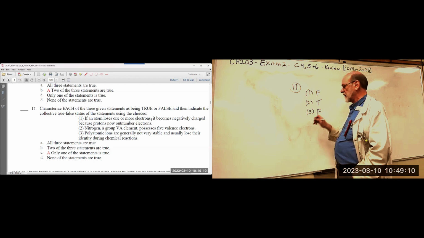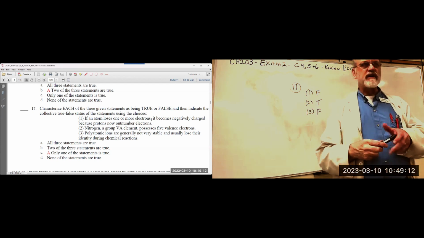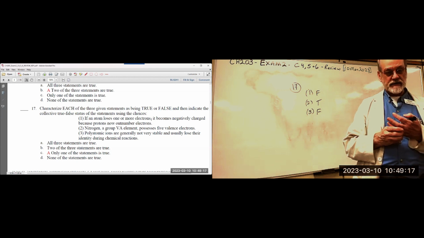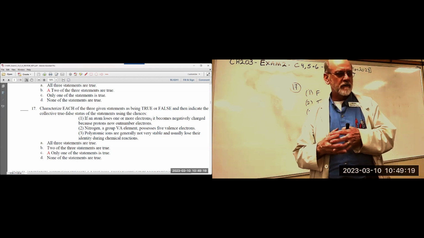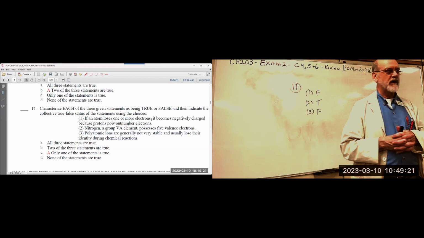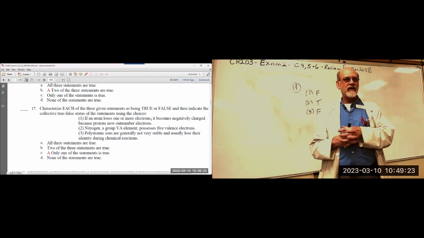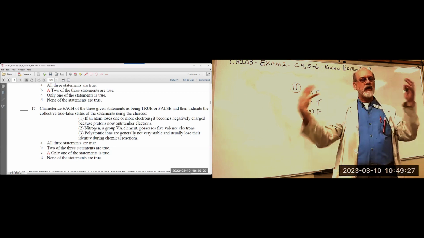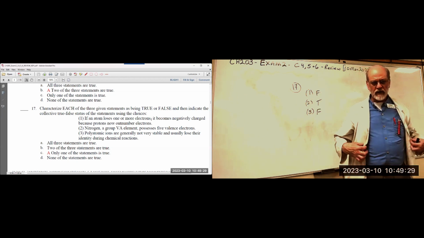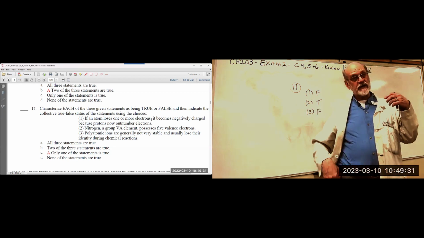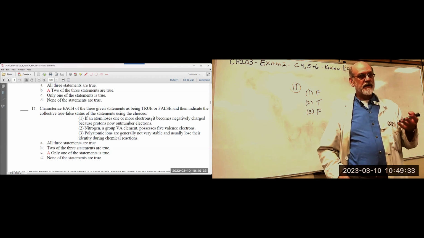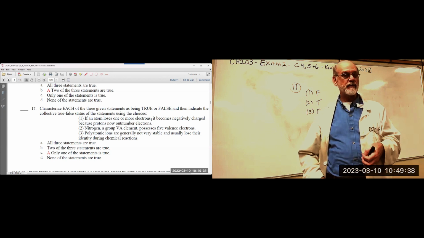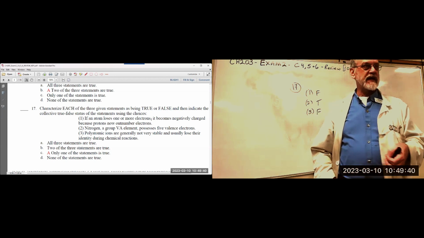That is false. Polyatomic ions are very stable. Yes, there's only one statement true. Polyatomic ions are actually covalently bound associations of atoms that have a charge distributed over the whole group. And they find themselves in ionic compounds, but the polyatomic itself is a covalently bound assembly. And they're very stable.